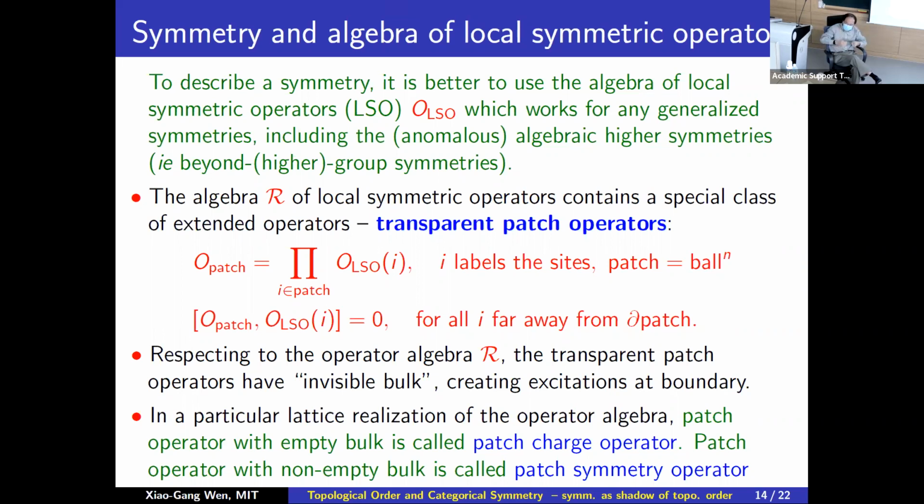It's almost like the example we have in the toric code model. A pair of e particles is created by a string operator. The bulk of the string is invisible, but we cannot create a single e alone. So there's a fractionalization like that. So basically the transparent patch operator describes a fractionalization at the operator algebra level.